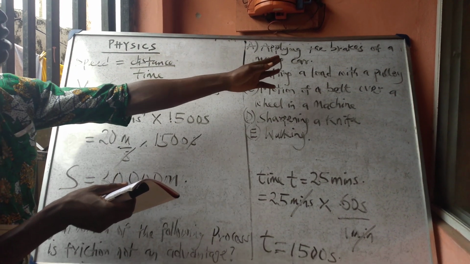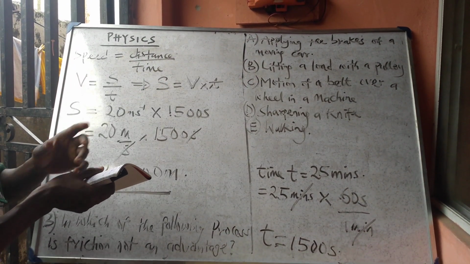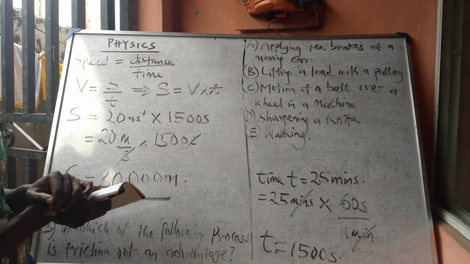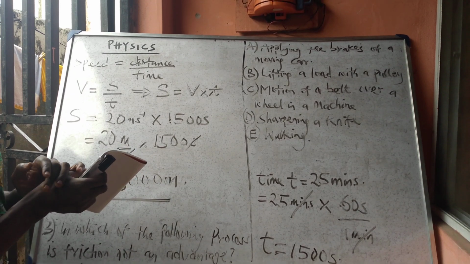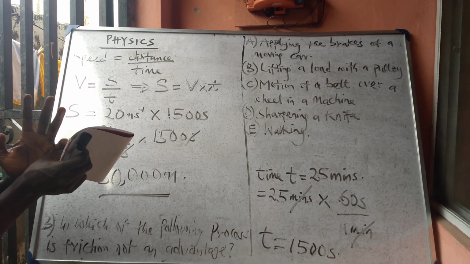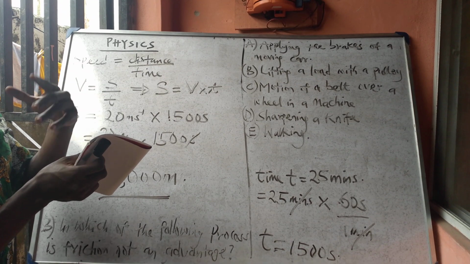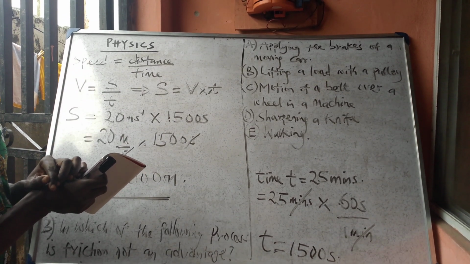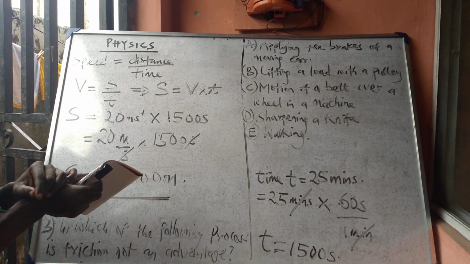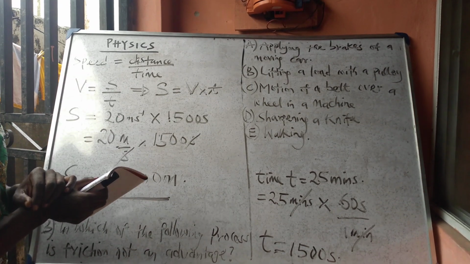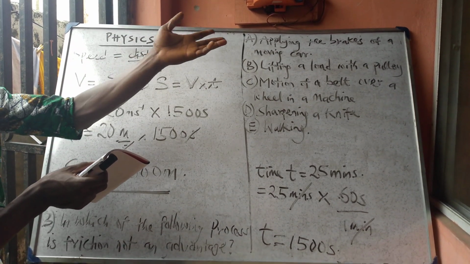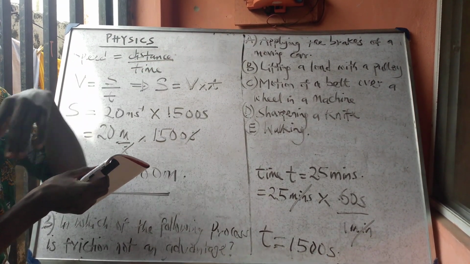If you look at a moving vehicle, the brakes ensure that the car comes to a stop, perhaps when it encounters an obstacle. So that is an application of friction. Once you step on the brake, the car stops. This is one of the merits, the advantages of friction.